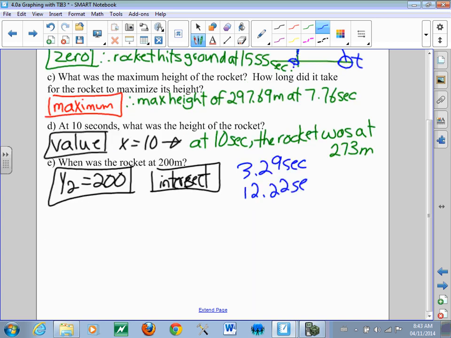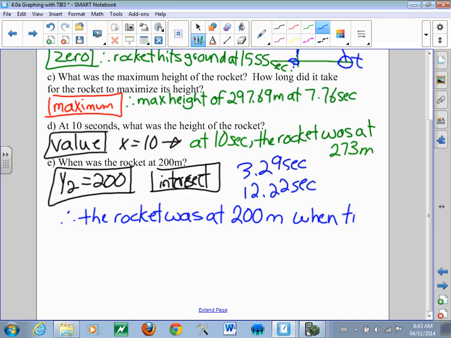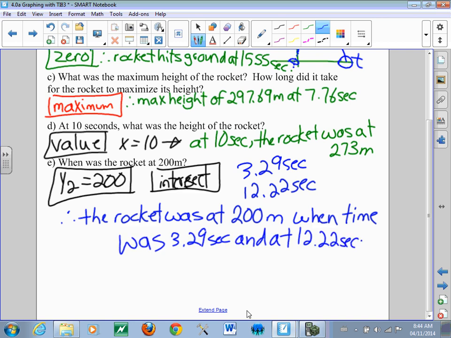Okay, to do a nice little therefore: so therefore, the rocket was at 200 meters when time was 3.29 seconds and at 12.22 seconds.